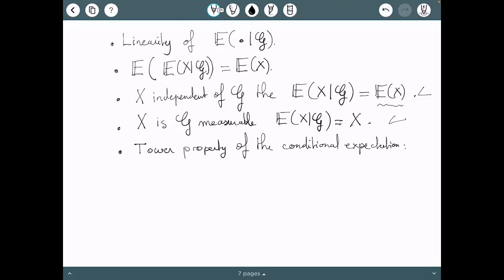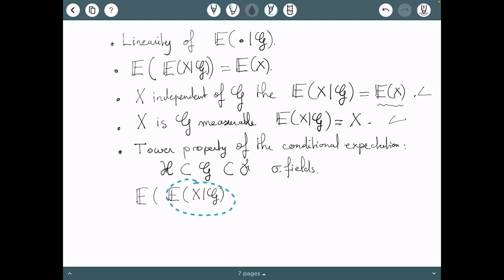If you take sigma fields H included in G, which are all included in F, so you have sigma fields which are ordered in this sense for the inclusion, then an event in H is also an event of G. The conditional expectation of x given G is a random variable which is G measurable.